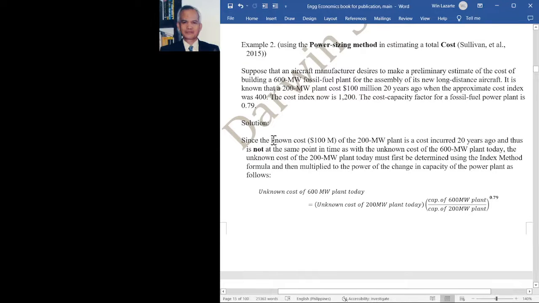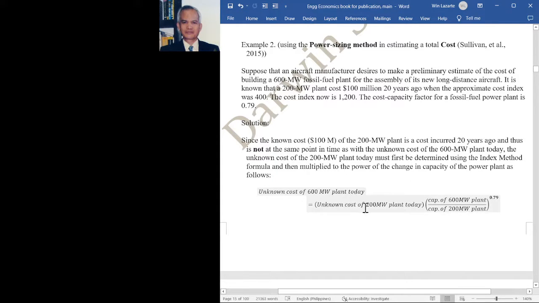Solution. Since the known cost of $100 million of the 200 megawatt plant is a cost incurred 20 years ago, and thus is not at the same point in time as the unknown cost of the 600 megawatt plant today, the unknown cost of the 200 megawatt plant today must first be determined using the index method formula and then multiplied to the power of the change in capacity of the power plant as follows.